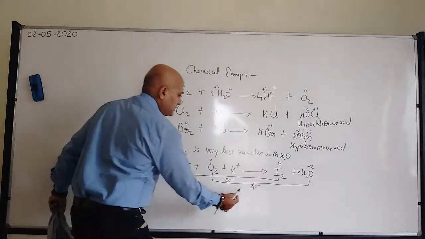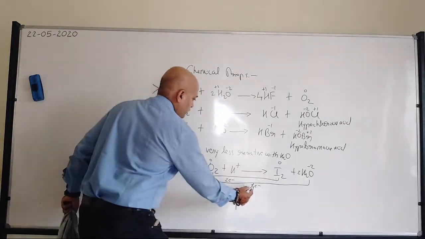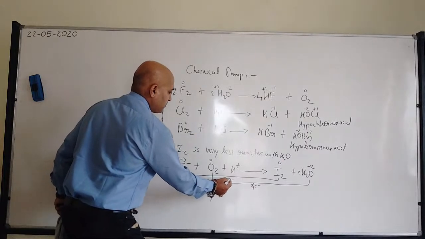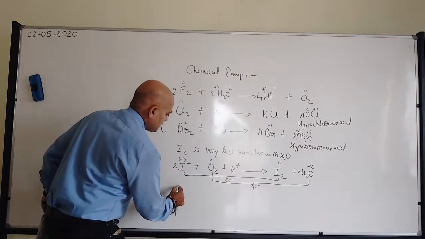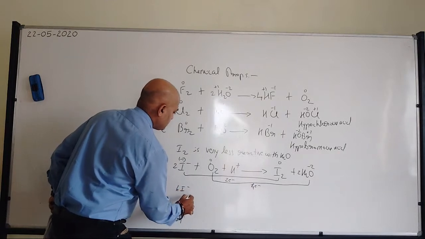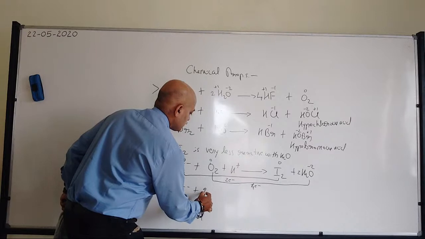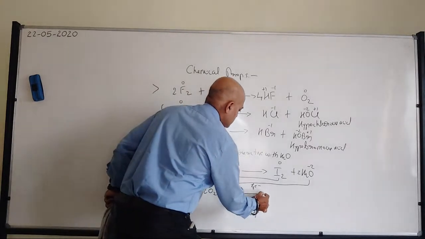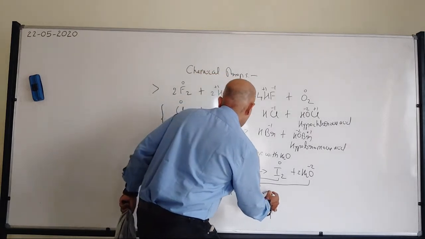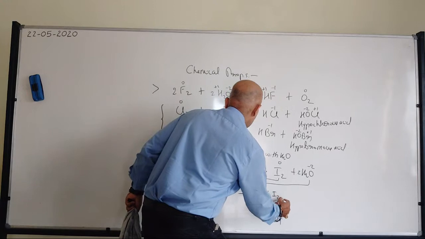So I have to multiply this one by 4 and this one by 2. In that case, for time being I will write it as 4 iodide plus 2 oxygen plus H plus, giving rise to 4 iodine.